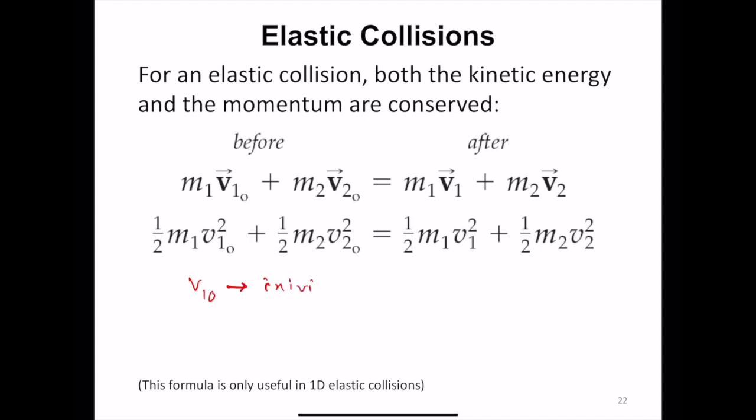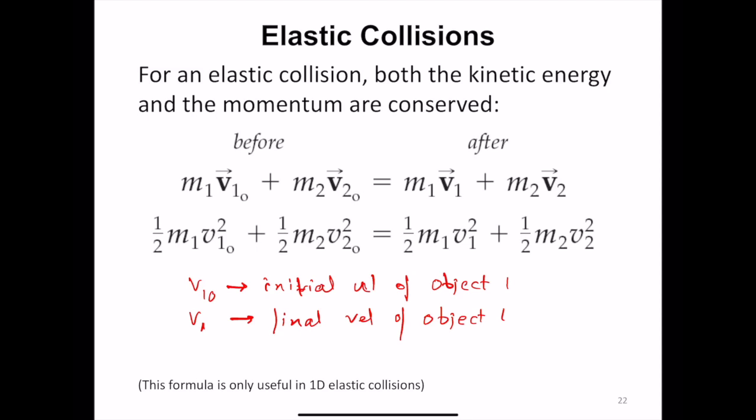Initial velocity of object 1. v1 without a 0 is just the final velocity of object 1. So that's our convention. So v20 would mean the initial velocity of the second object, and v2 would mean the final velocity of the second object, right?